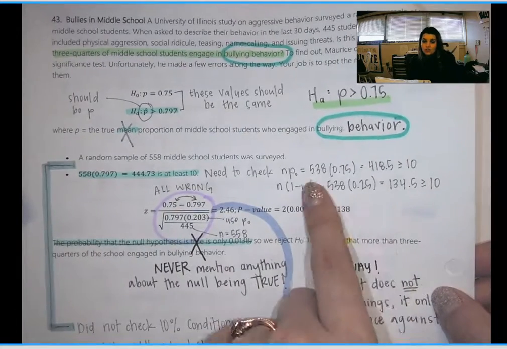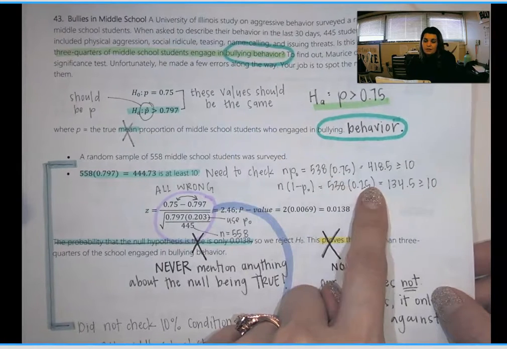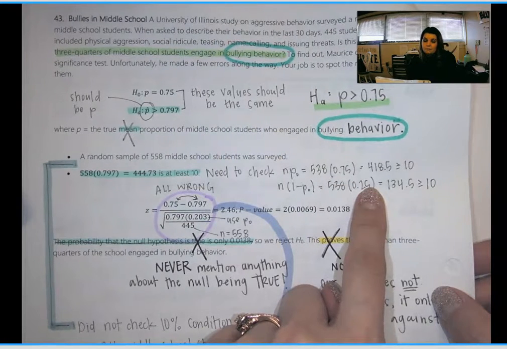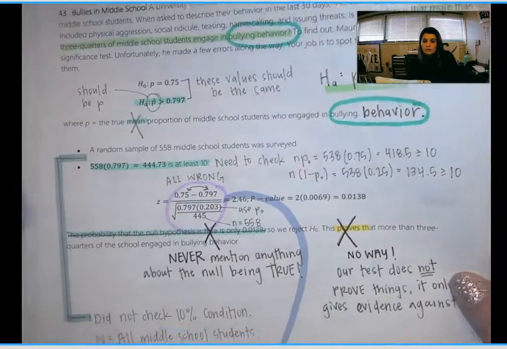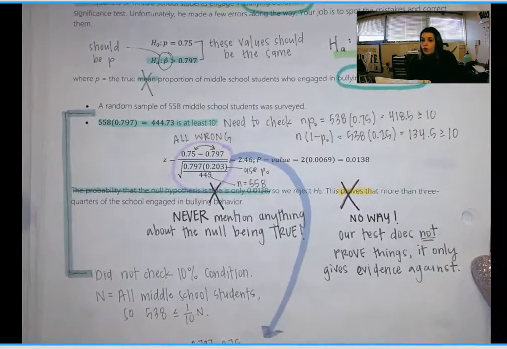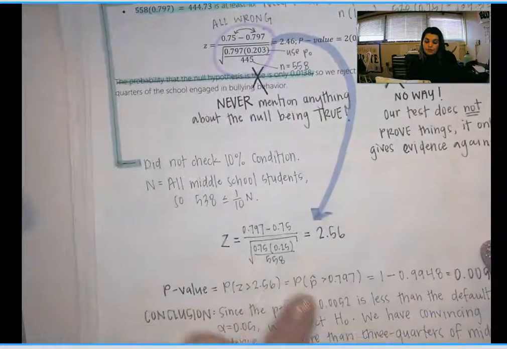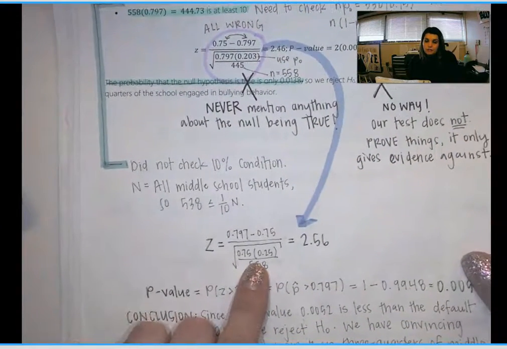So this really should have been 538 times 75, 538 times 25. The calculation for your Z value was all wrong, like totes wrong. So that correct calculation is down here.